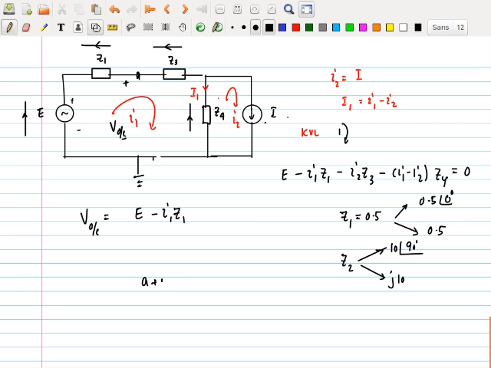You've got A plus JB, and the magnitude of A plus JB is equal to the root of A squared plus B squared, from your complex number theory.